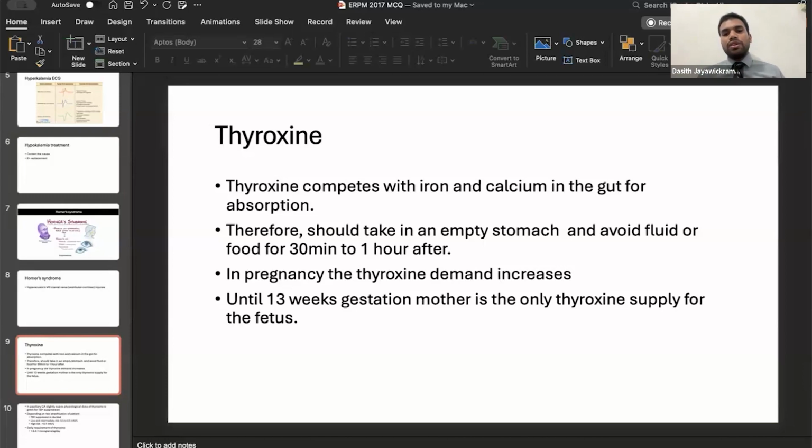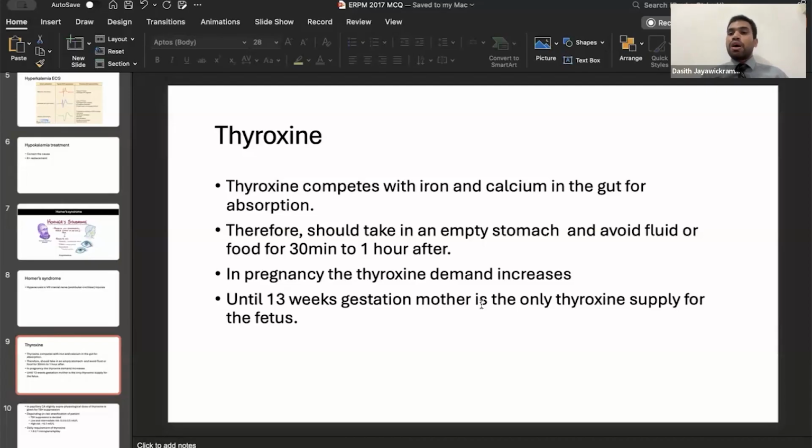So the stem, it should be taken soon after a meal. It's false. It should be taken on an empty stomach, not after a meal. Next: it is contraindicated during pregnancy. Is it so? No, because thyroxine is essential in pregnancy.